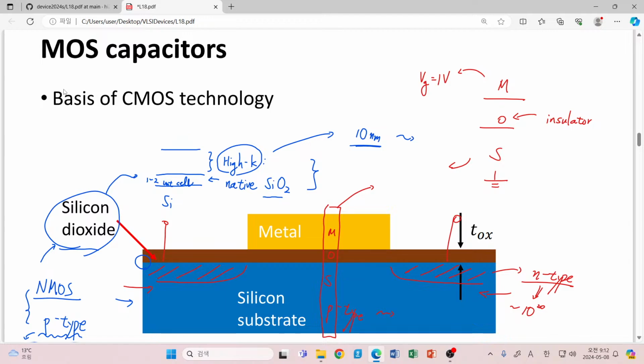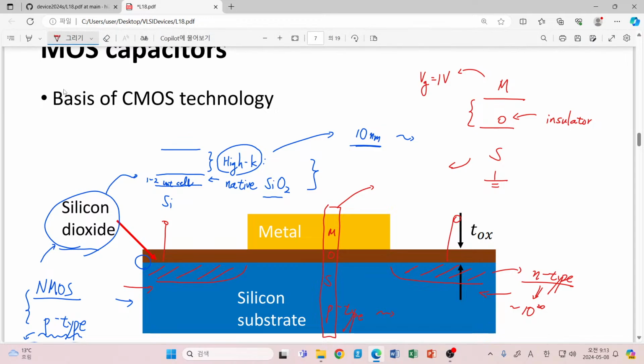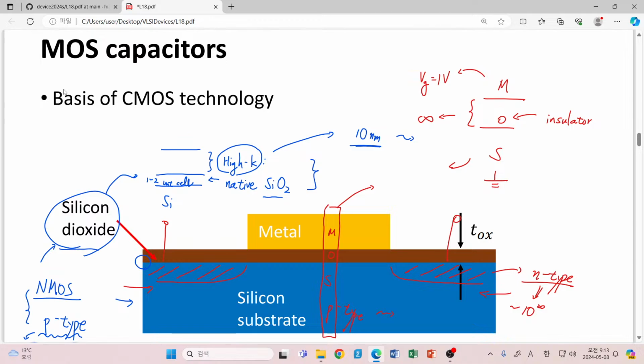Then what will happen? We have a voltage difference between two terminals, and in between we have certain electronic parts. Then what we can usually expect is current conduction, because we have a certain voltage difference. But please note that this oxide layer, although extremely thin, contributes almost infinite resistance to our current conduction.